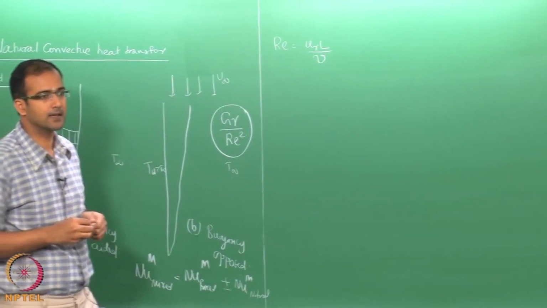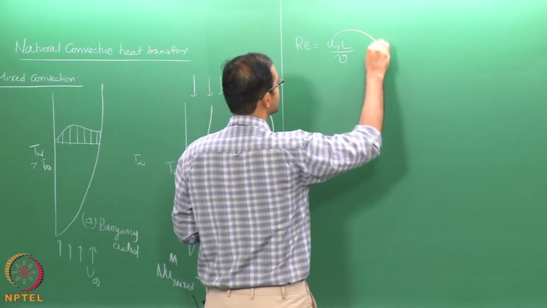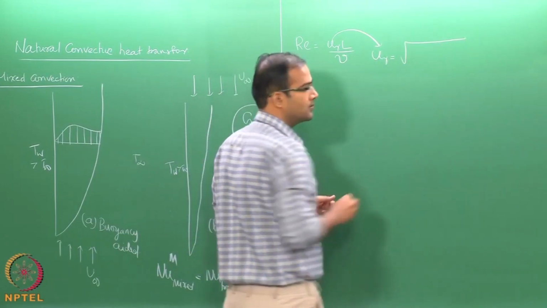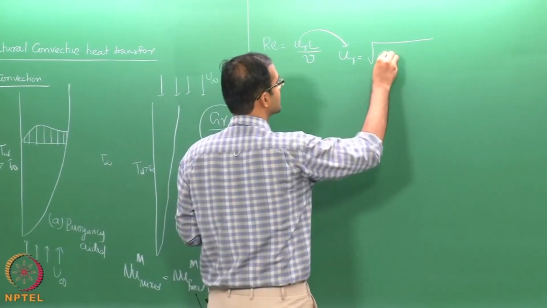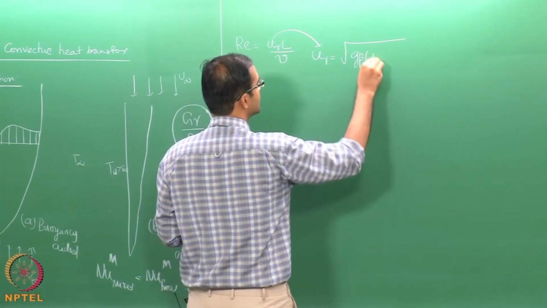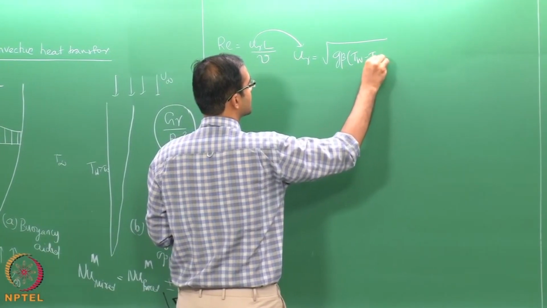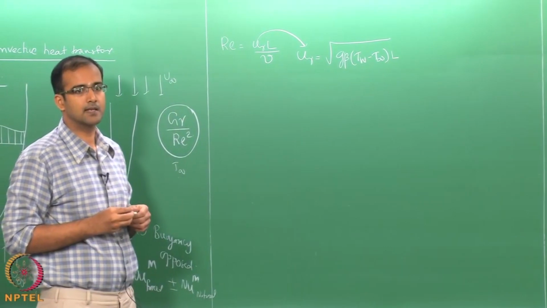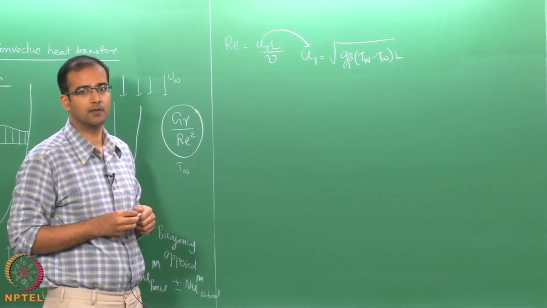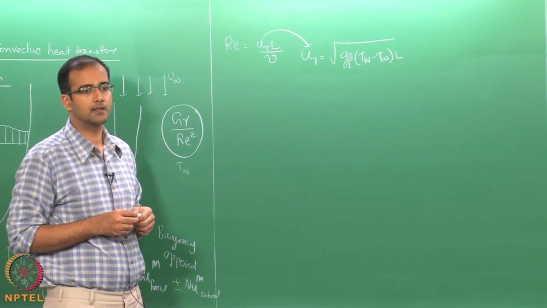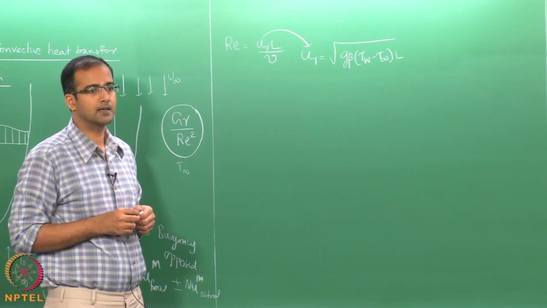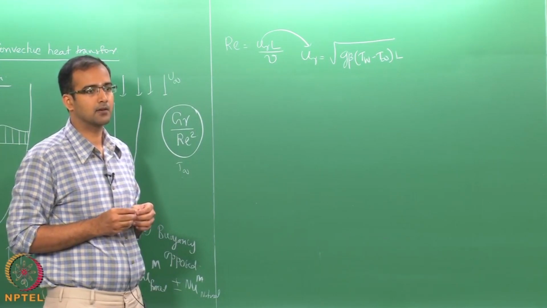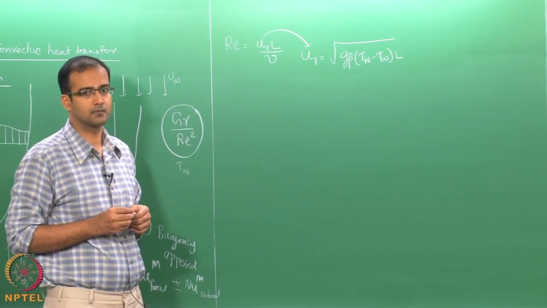In this case the reference velocity Ur from the order of magnitude analysis, we have also expressed this as, do you remember what it is, square root of G beta (T wall minus T infinity) into L, correct. So, essentially the velocity here that we are referring to is nothing but a velocity scale arising out of the buoyancy force. Okay.